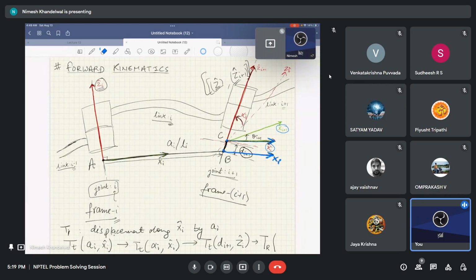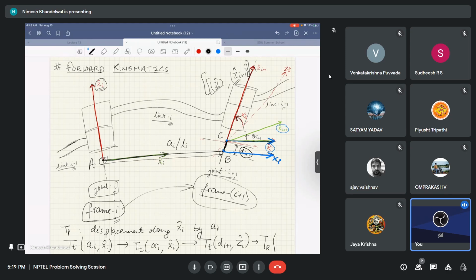So we are saying that we want the final transformation that can convert this frame I to frame I plus one. And why do we want that transformation?